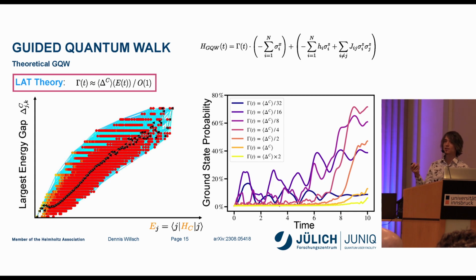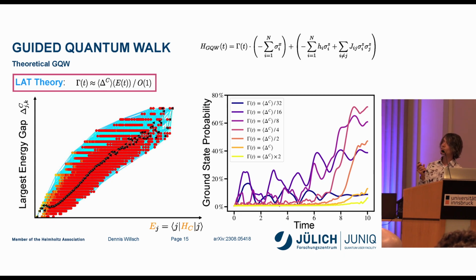And at the end of the schedule, we'll be driving probability amplitude, which hopefully has accumulated down here, finally towards the ground state. So that's the idea, that's the hopping rate schedule. We want at each point in time the hopping rate to be given by the average energy gap at a certain energy divided by some constant. So let's see how this looks in practice.